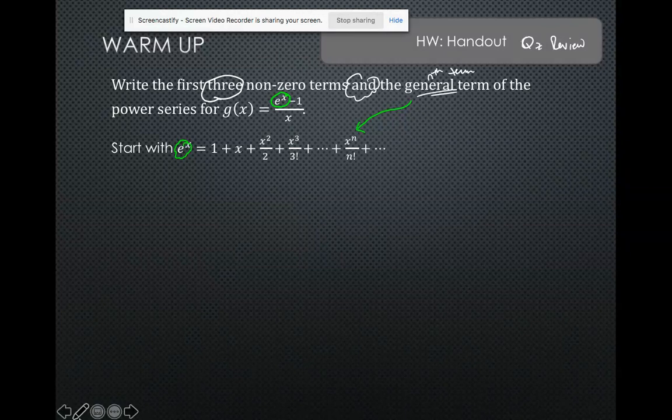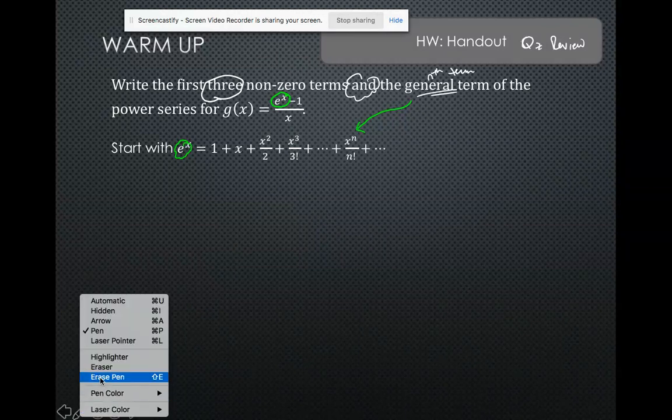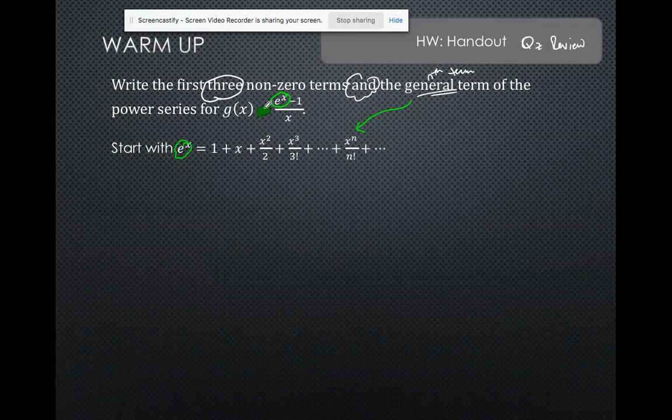Now, I want you to also realize that what you have up here is an equal sign. You have an equal sign here as well. I want you to notice that g of x is a combination of things happening to e to the x. What's the first thing that happens to e to the x up here? Subtracts 1, right?